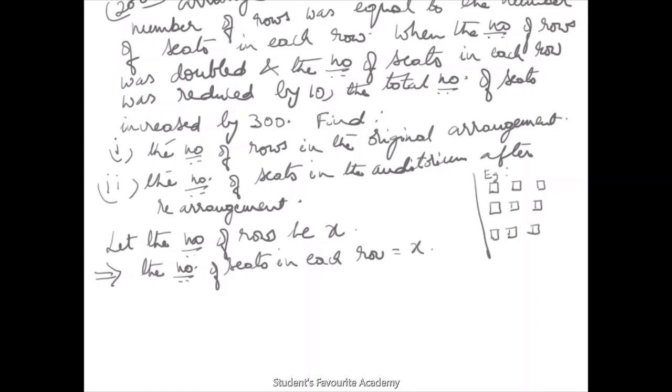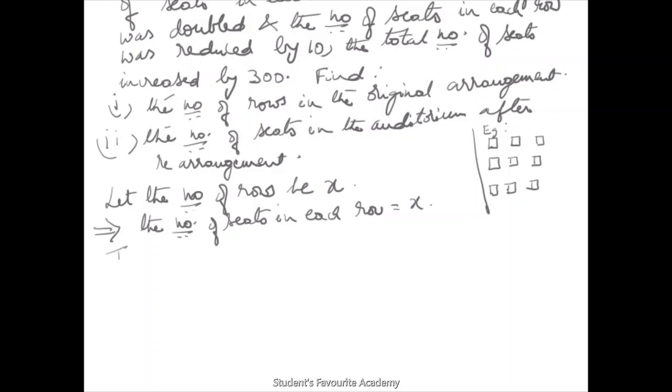Okay. So total number of seats will be x into x, that is x square, like how it was 3 into 3, here it is x into x, because there are x rows and x seats in each row. So total number of seats will be x square.